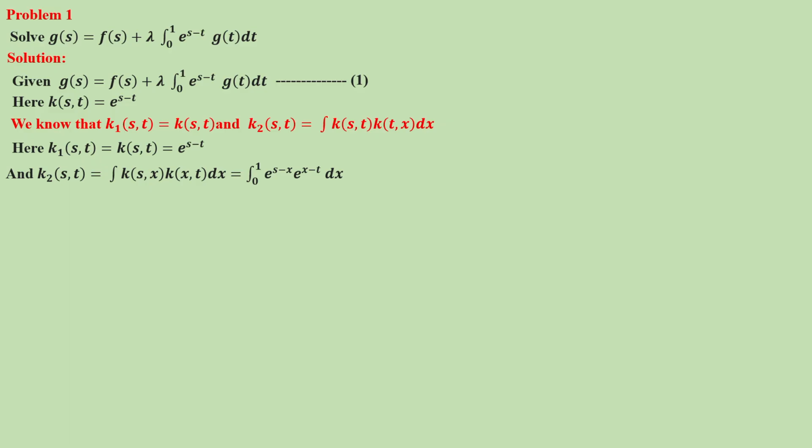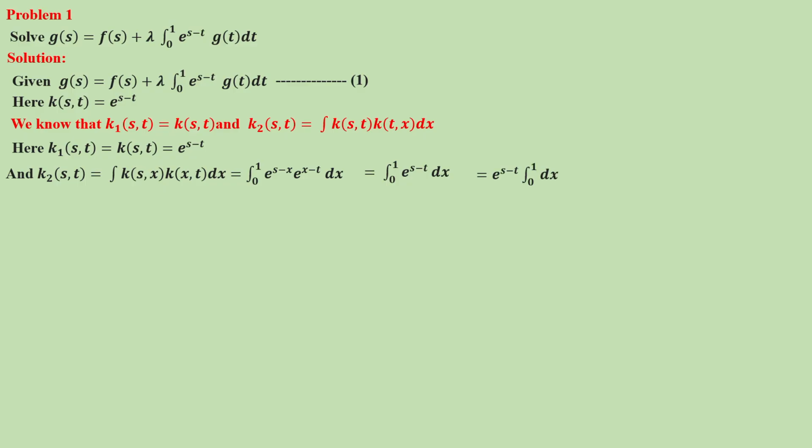So replace t by x, you will get e^(s−x). Similarly replace s by x, you will get e^(x−t) dx. So adding the powers, e^(s−x+x−t), the −x and +x get cancelled, remaining e^(s−t) dx.